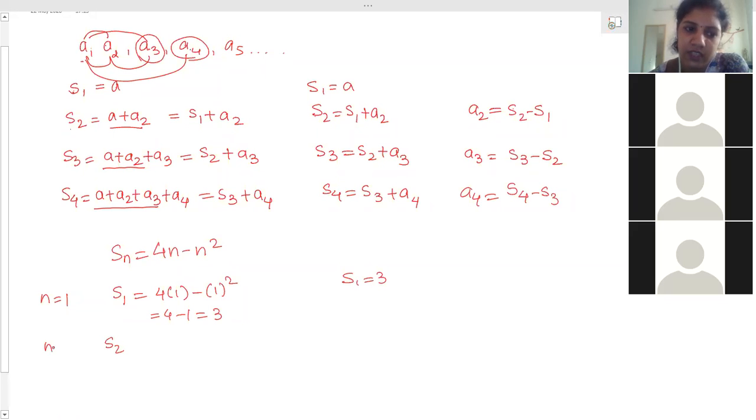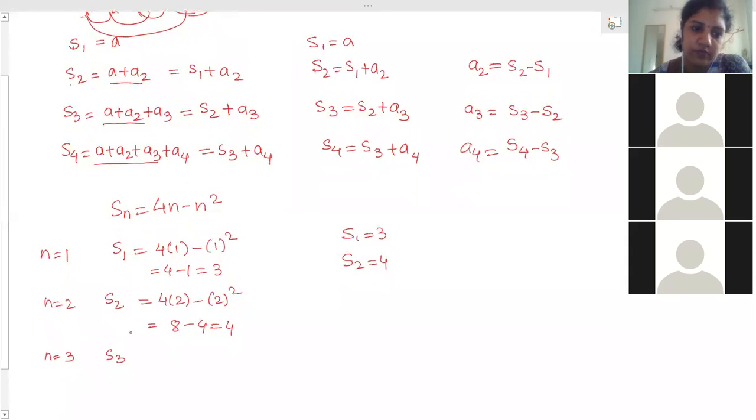S2, that means n is equal to 2. S2 is equal to 4 into 2 minus 2 square. 4 into 2 is 8, minus 4, that is 4. So the value of S2 is 4. S3, n is equal to 3. S3 is 4 into 3 minus 3 square, so 12 minus 9, that is 3 again.